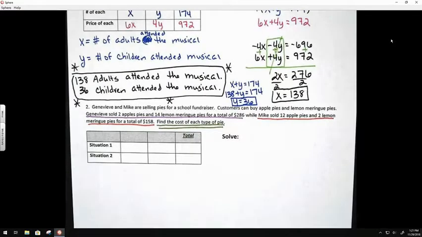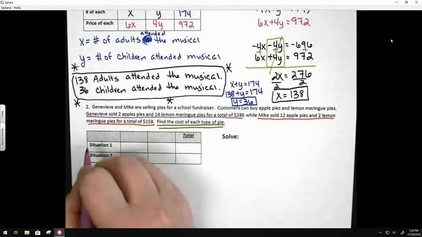So hopefully you remember from class, instead of one equation dealing with the total number of things and one equation dealing with the price, in the second type of word problems, we look at these 2 different situations. So usually it's for a fundraiser. So when we look here, situation 1 would be Genevieve.